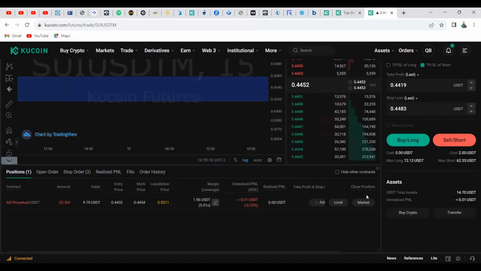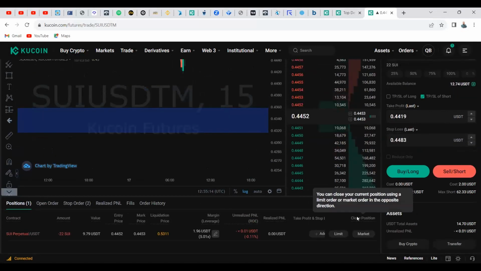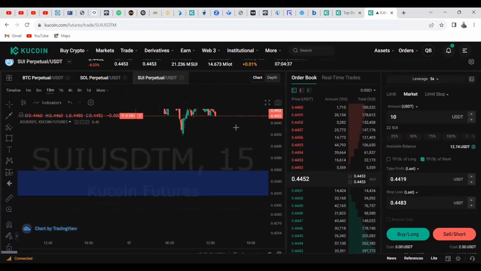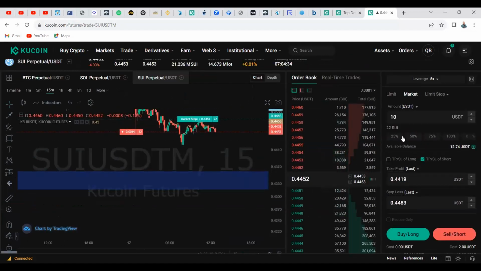Then I have my position over here, which I can close. It says you can close your current position using a limit order or market order in the opposite direction. Okay, so if I wanted to close, I'll just click on market order, and my trade would essentially be closed on SUI at this particular moment in time. Okay, so this is how you can do it.